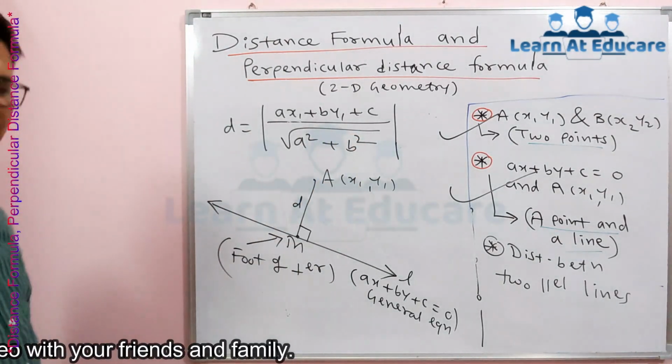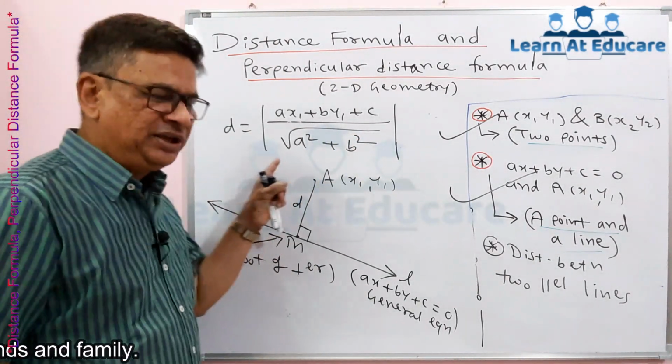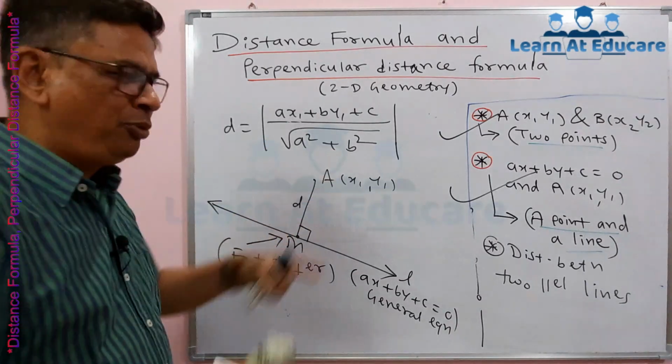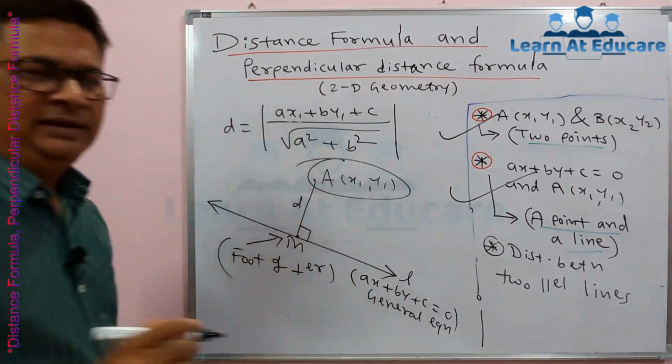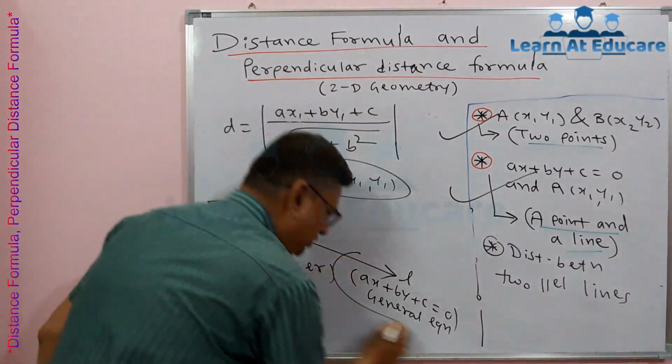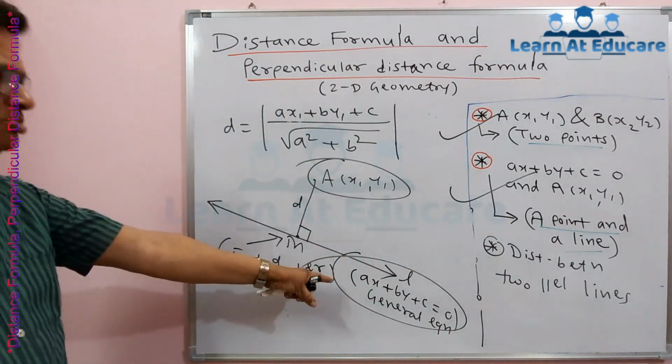It is called the perpendicular distance formula, which gives the distance between a point whose coordinates are known and a line whose equation is given in this format.